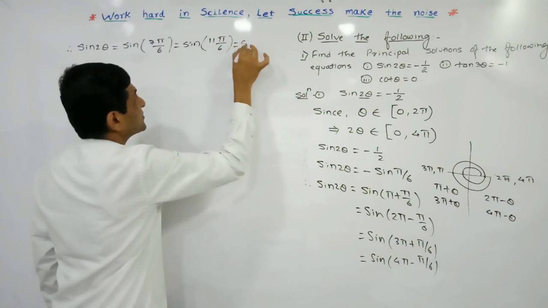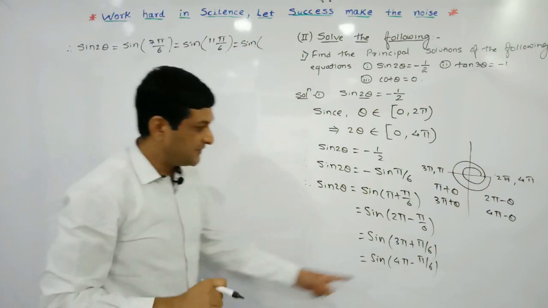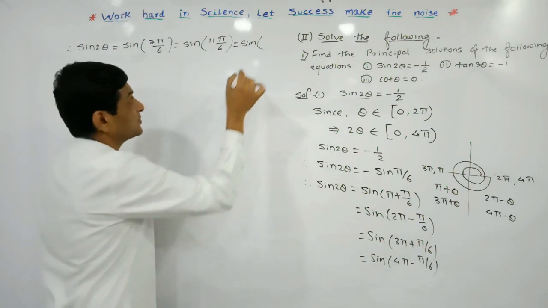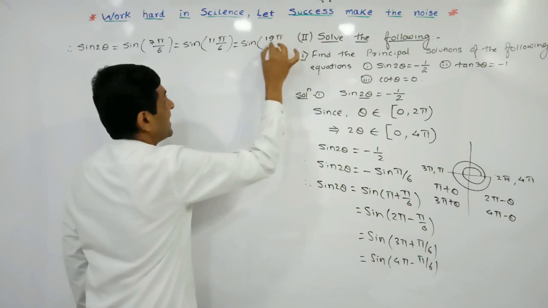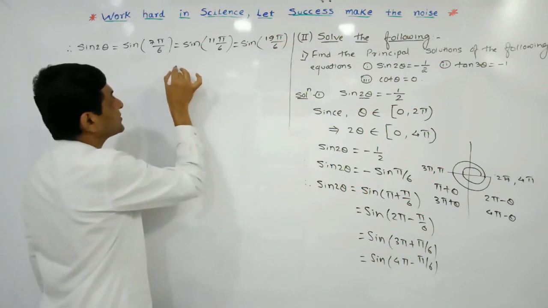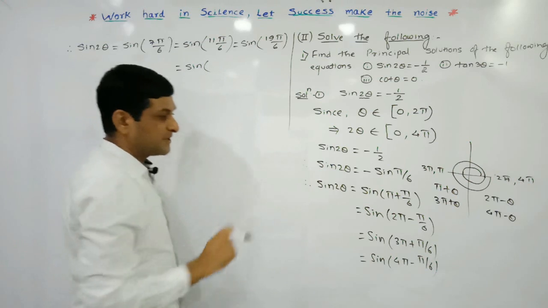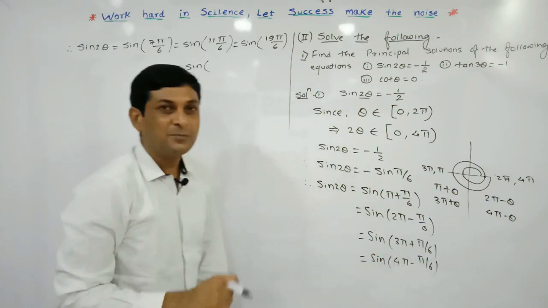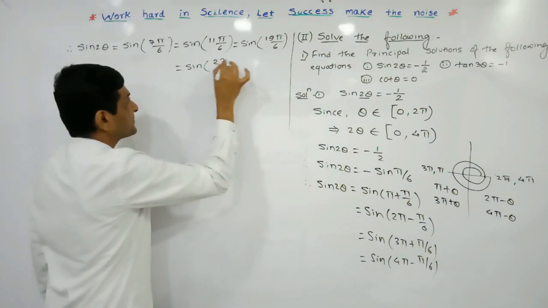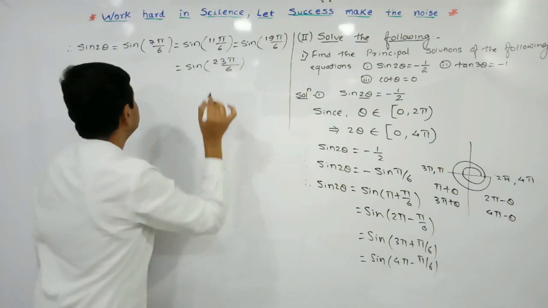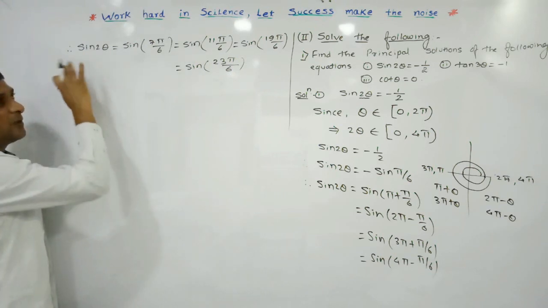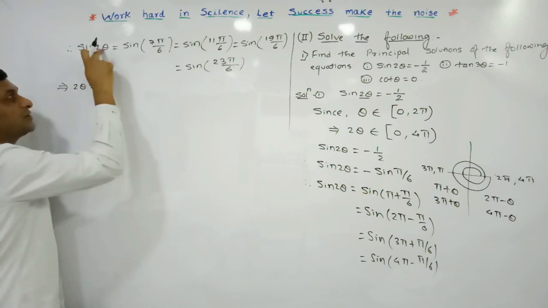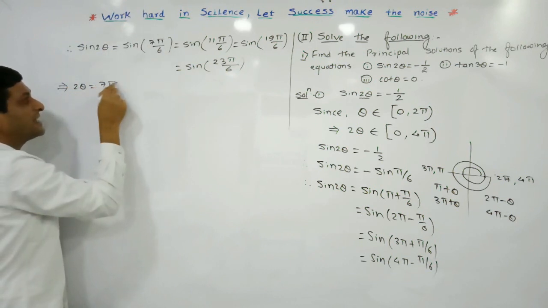Then 6 threes are 18 pi, plus pi gives 19 pi by 6. Observe the last term: 6 fours are 24, 24 pi minus pi gives 23 pi by 6. Comparing all these terms, if we consider that these two values are equal, we can conclude that 2 theta is equal to 7 pi by 6.